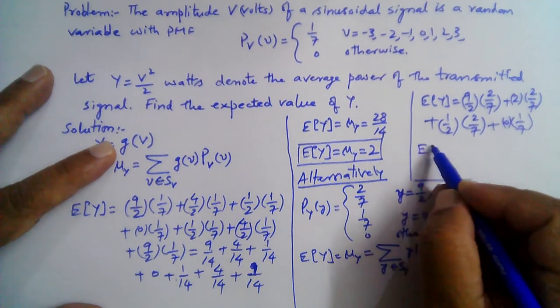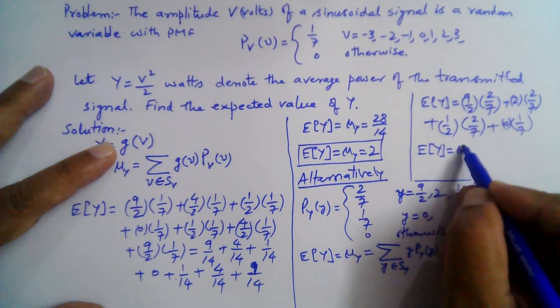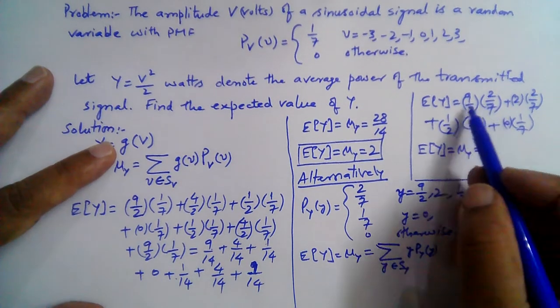So for the expected value of y, mu y, we need to sum these values together.